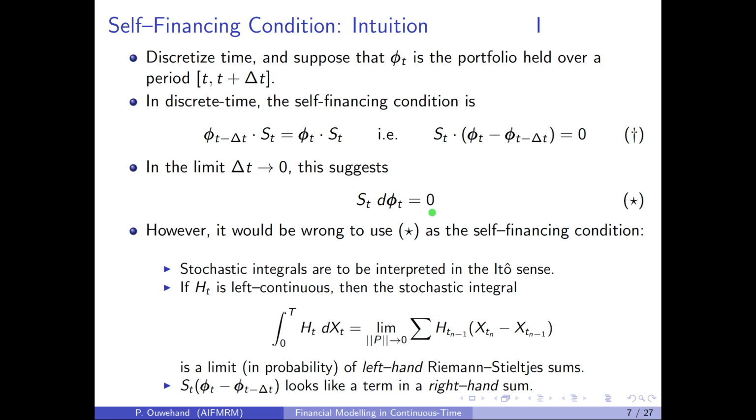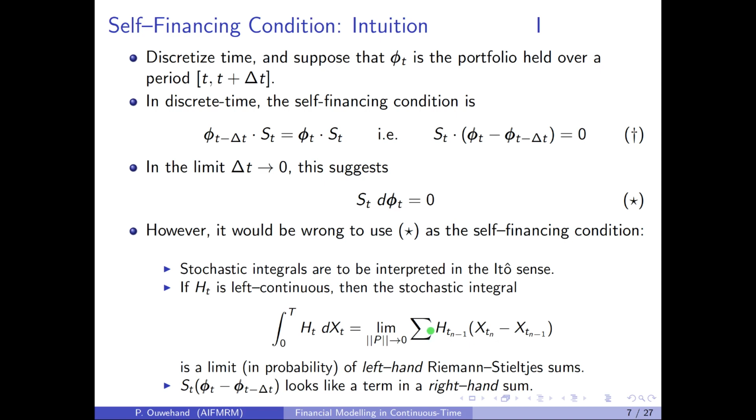However, it would be wrong to use this as the self-financing condition for the following reasons. Firstly, stochastic integrals are to be interpreted in the Ito sense. If h t is a left continuous adapted process, then the stochastic integral from 0 to t of h t with respect to a semimartingale X t is the limit over ever finer partitions of the following sum.